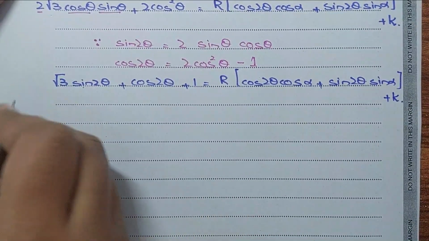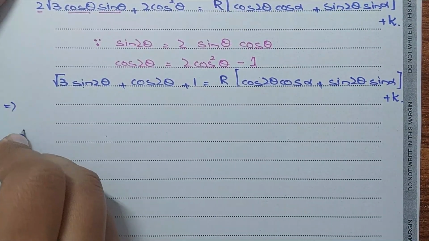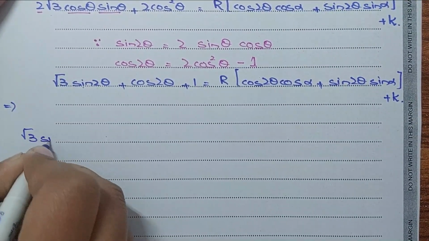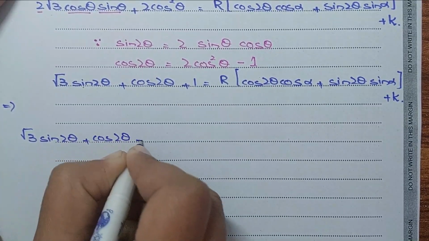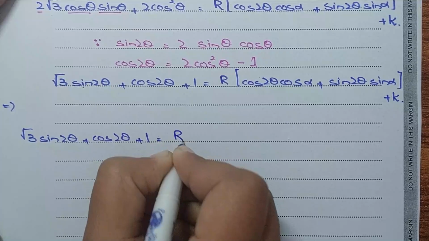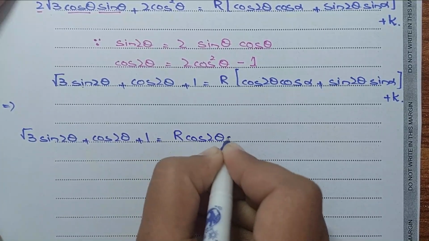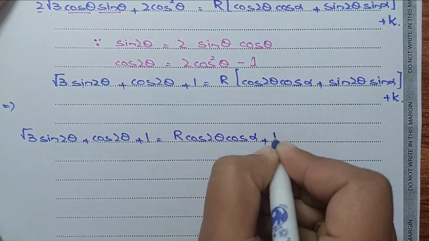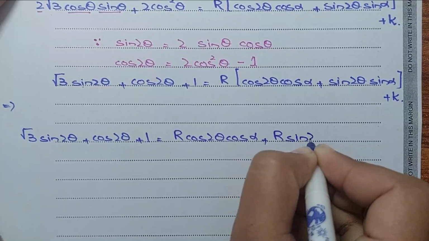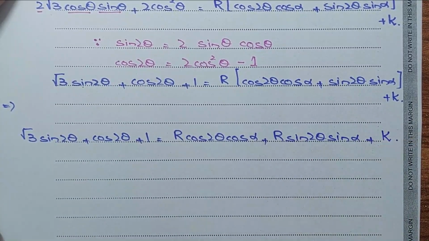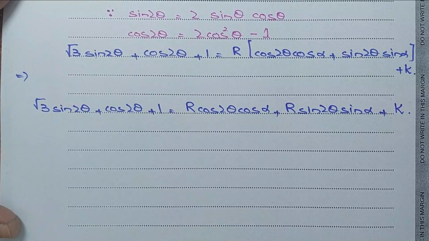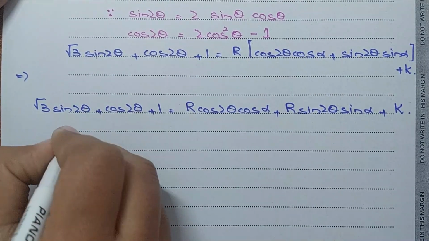Okay, now we can simplify this further as well. So square root of 3 sine 2 theta plus cos 2 theta plus 1 equals r cos 2 theta cos alpha plus r sine 2 theta sine alpha plus k. Now compare the coefficients. At this stage we can compare.